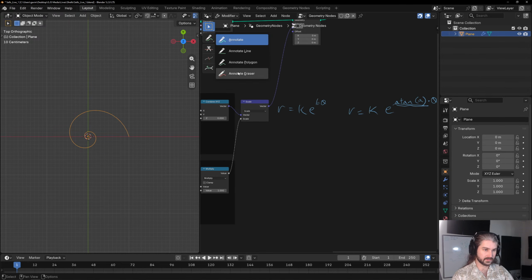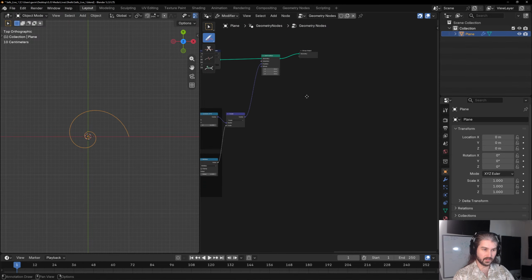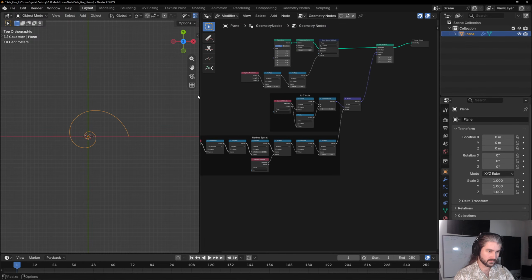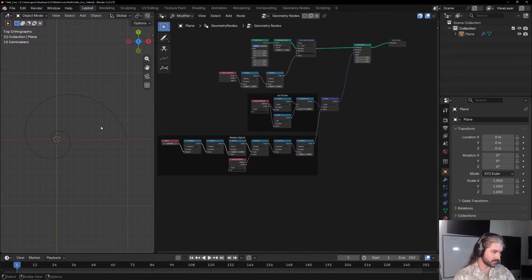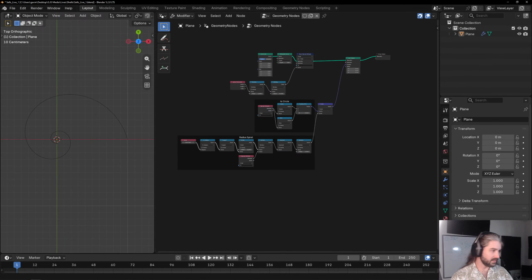So let me erase all of our stuff on the logarithmic spiral. Yours looks like the golden ratio one. Exactly. And that's what we're trying to make here.